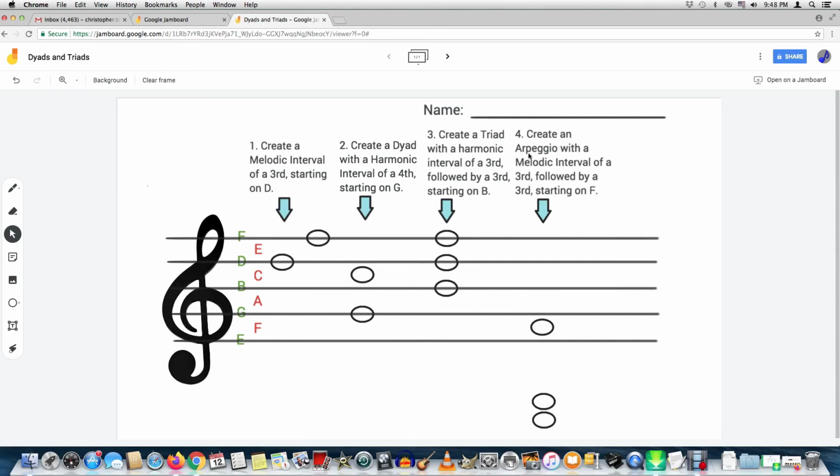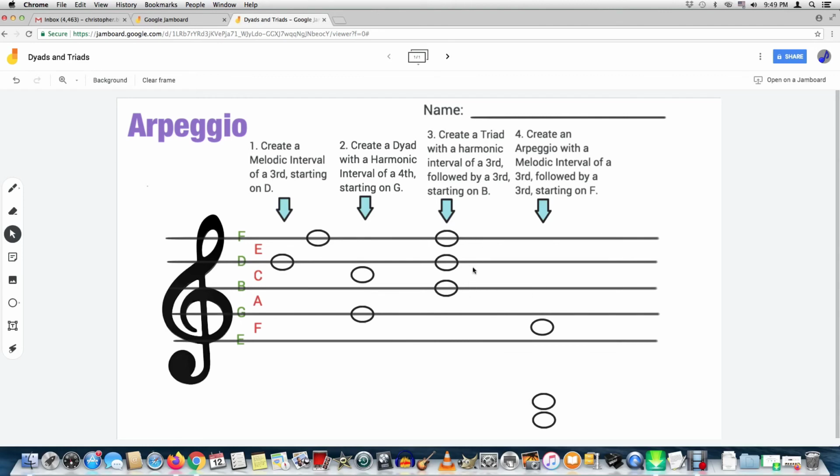Now, arpeggio sounds like a pretty fancy word, doesn't it? So should we be concerned? No, because arpeggio is simply an Italian word, and all it is is similar to a triad.